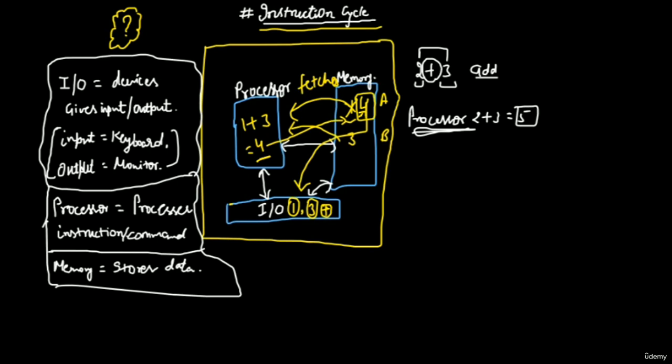Well, let me write that also so that we can understand it in a more detailed manner. In the basic computer, each instruction cycle consists of the following phases. So the phases of the instruction cycle are as follows.